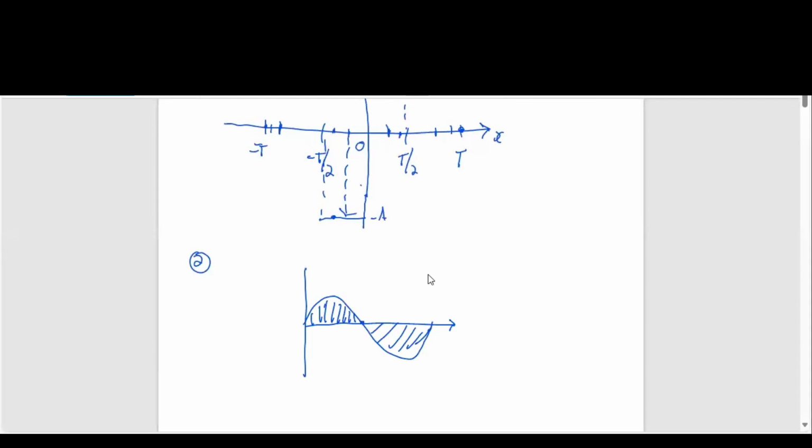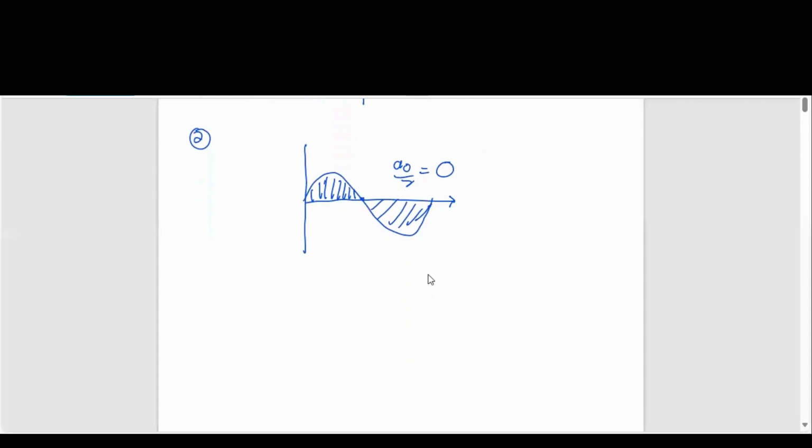So you end up with a DC component, which is a naught over 2, as 0, because they cancel each other. This has no DC component. But if I was to give you a graph like that, it's still periodic.